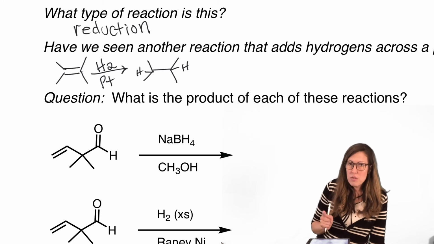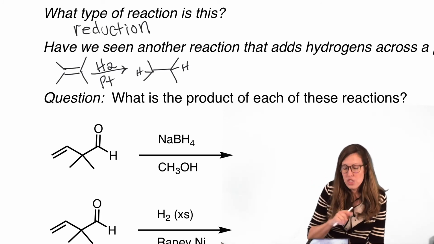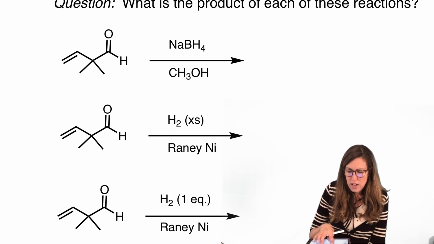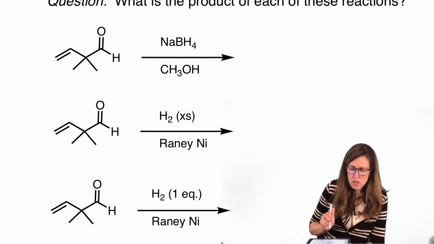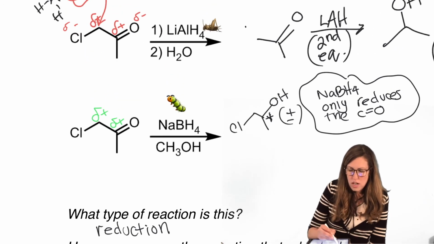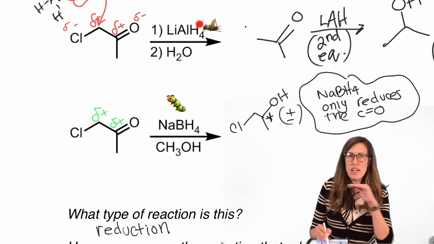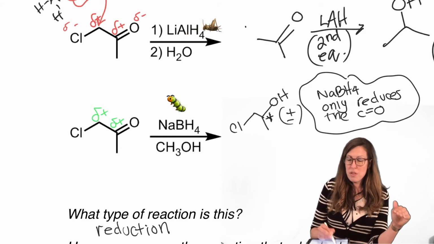Now, because alkenes can be reduced, and carbonyls can be reduced, let's think about that as an additional confounding possibility. Just like we had a problem before, where we had two possible electrophiles, and we solved it by saying, okay, LAH is the one that wipes out both of them.